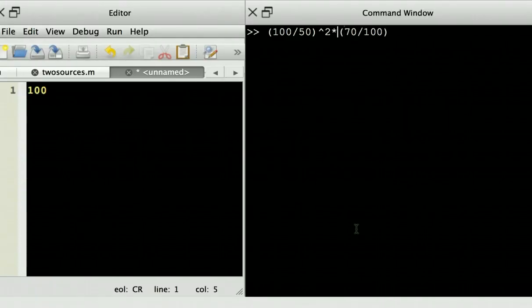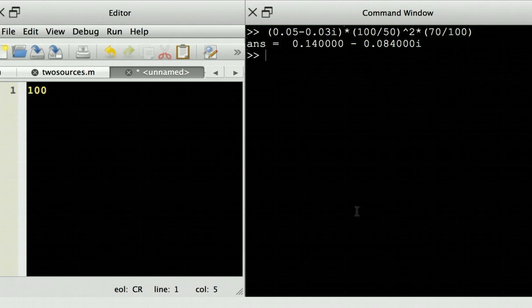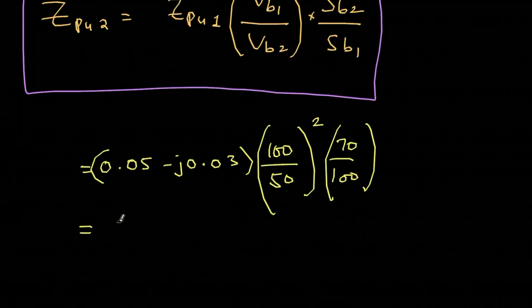This is the factor, and then I will multiply it with my original per unit, that is 0.05 minus j0.03. I'm just defining it as a complex number. So I'm getting 0.14 minus j0.084. So this is in per unit.